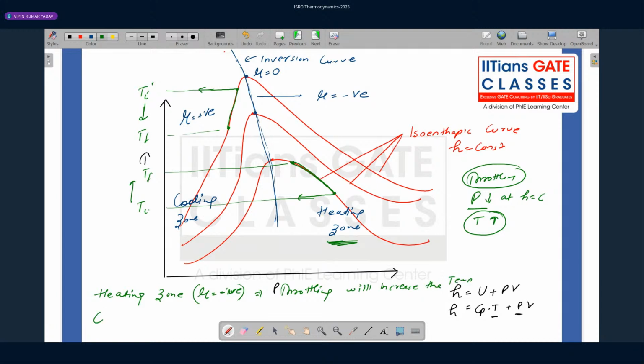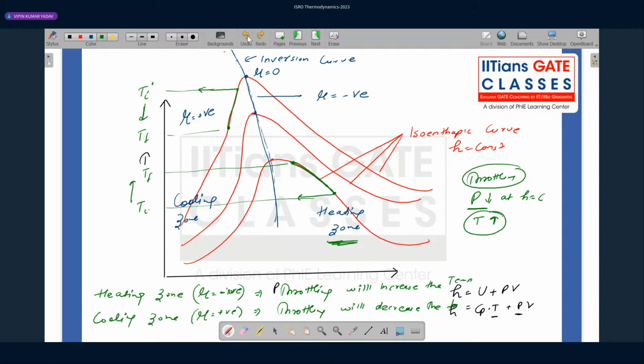And in the cooling zone, that means in the region where mu is positive, throttling will decrease the temperature. So now what is the question saying?